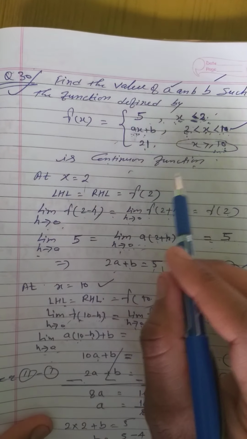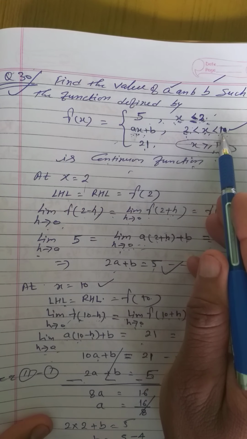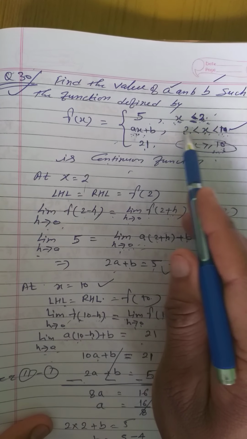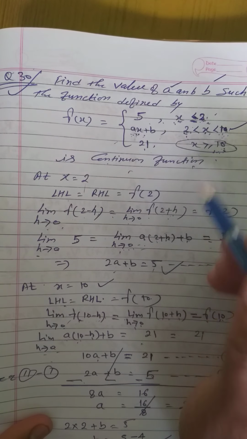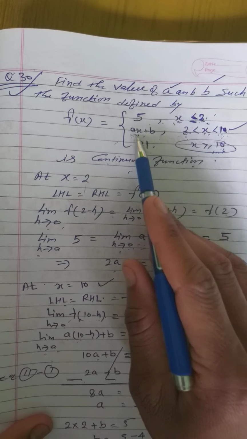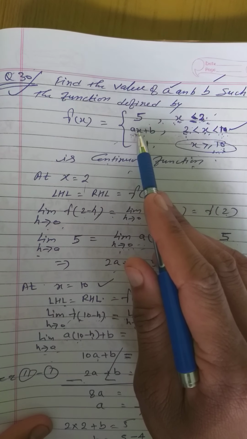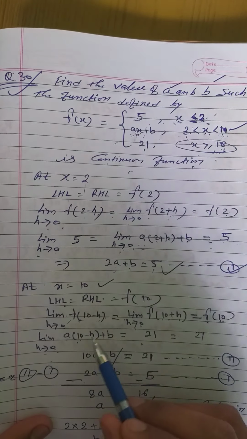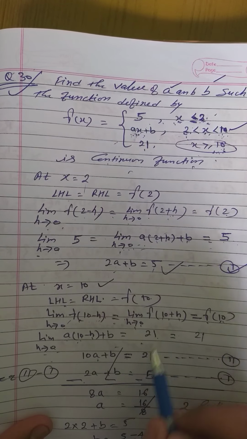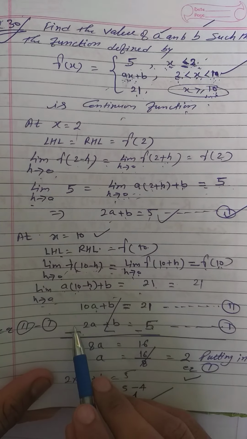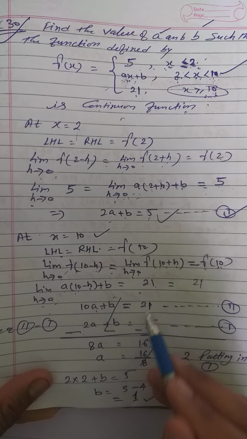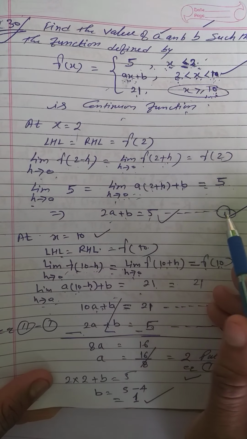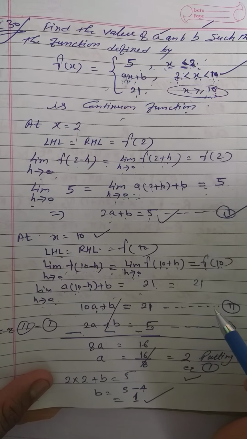Since this part is useful for x equal to 10 − h, you will put here x equal to 10 − h, a into (10 − h) + b equals 21. You will put h equal to 0, 10a + b equals 21, and now you will subtract equation number first from second.